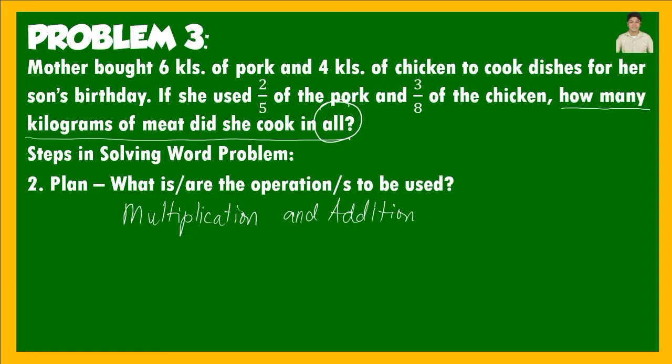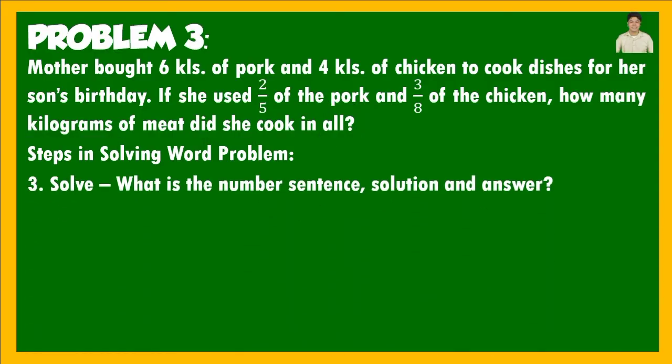Okay, so para malaman natin how many kilograms of meat did she cook in all, so we have to add. So 2/5 nung pork, tsaka 3/8 nung chicken. Okay, so yun po yung ating magiging plan yan. So third step, what is the number sentence, solution, and answer?